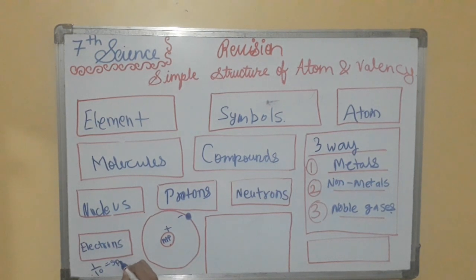1/10 the speed of light. Thus, while going around the nucleus at such high speed, they are acted upon by an outward force called centrifugal force.